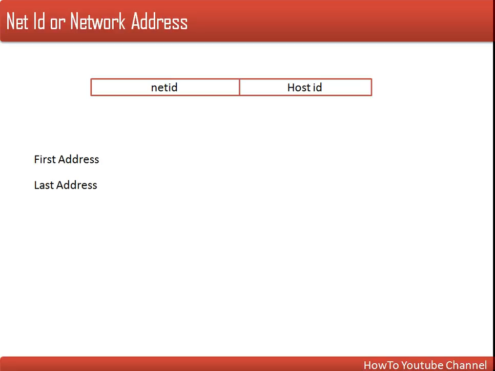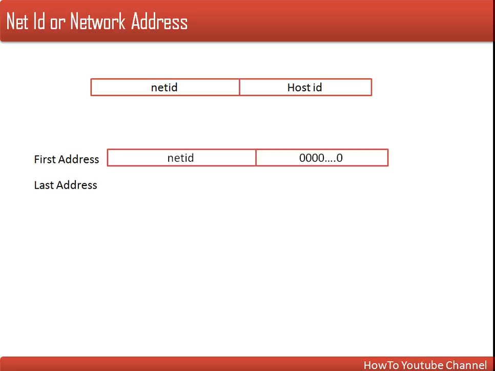Now this question is asked frequently. One address will be given to you, and in the question it will be asked, can you tell the first address of that network and the last address of that network to which this IP address belongs. So if you want to find out the first address, what you have to do is take the network ID as it is, and put the remaining bits as 000.